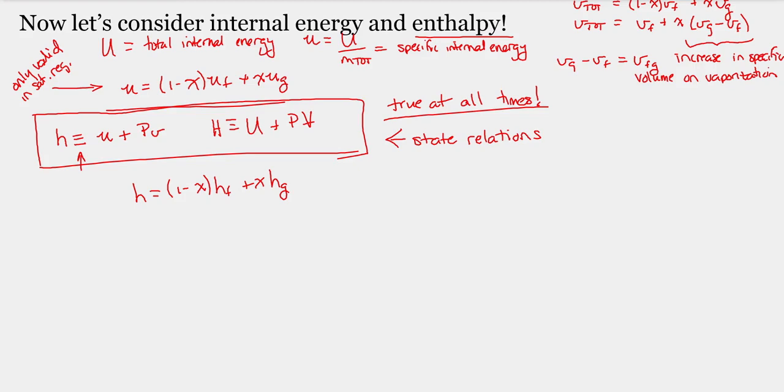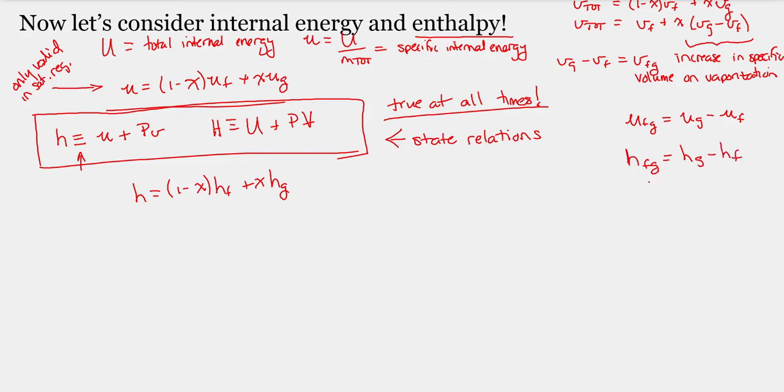So just like we define the increase in specific volume upon vaporization using this expression here, we can also define UFG as being the difference between the specific volume of the saturated gas minus the specific volume of the saturated liquid, just like we can define the difference in the enthalpy of the saturated gas minus the saturated liquid.